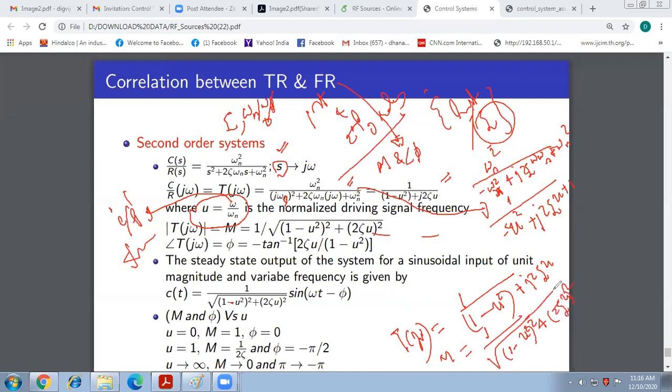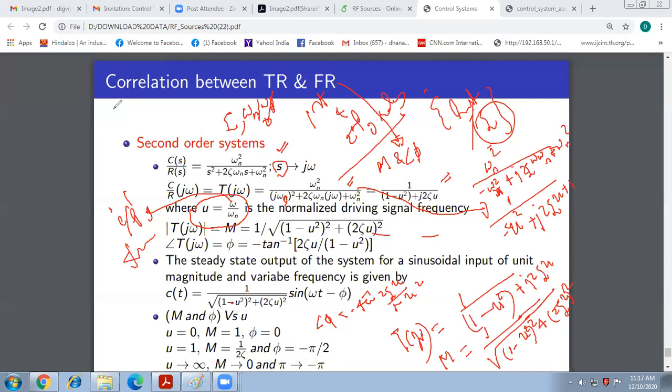This will be completely under the root, and this will be the magnitude m. And what will be angle phi? Angle phi will be minus tan inverse of 2 zeta u by the real term, that is 1 minus u square. So I have established m and phi both in terms of u, and now I am free to obtain the values of these two quantities.